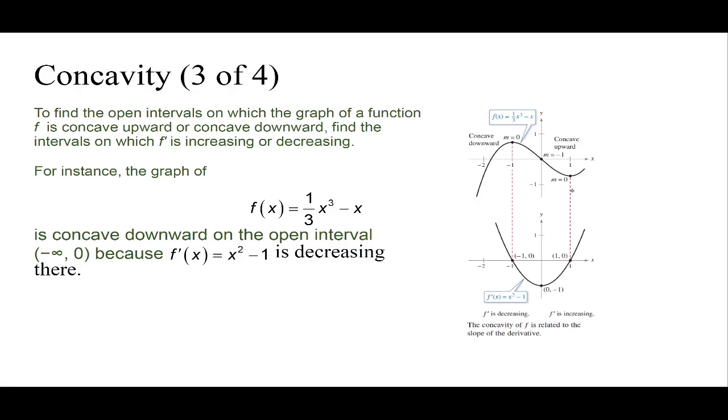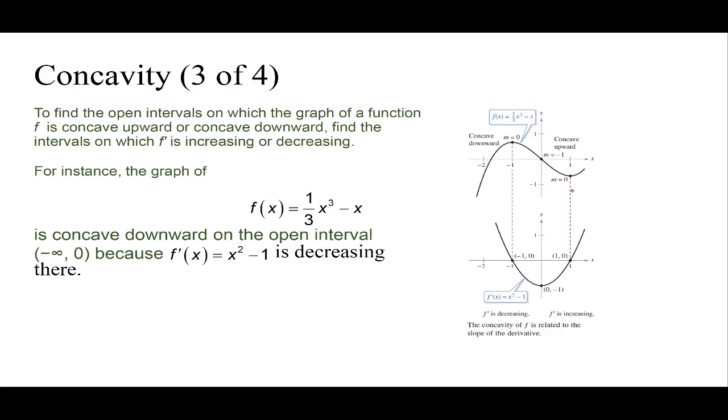I can find the derivative by using the power rule, that is x squared minus 1. How we plot the graph of this parabola is a different story, but we can find where this derivative is positive and where it's negative, and based on that say where the first derivative is decreasing or increasing.